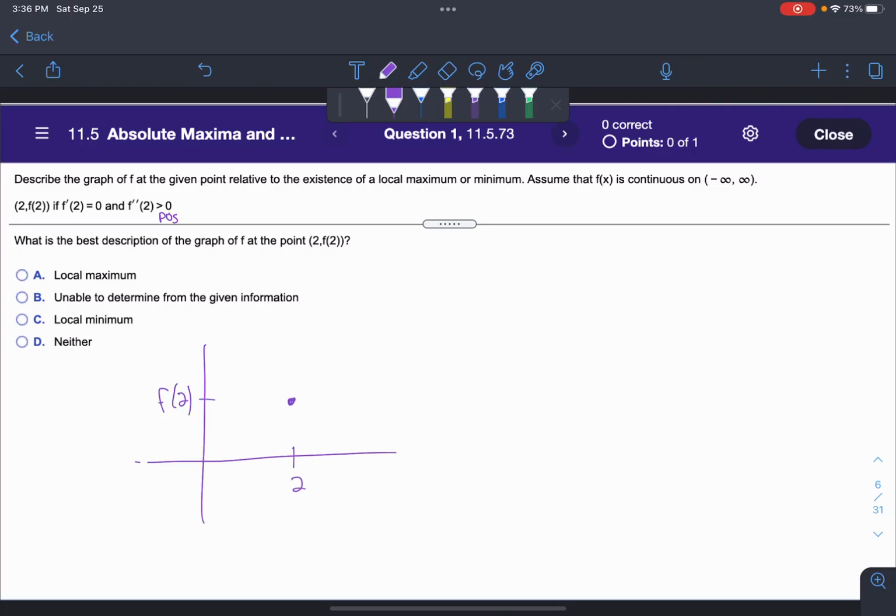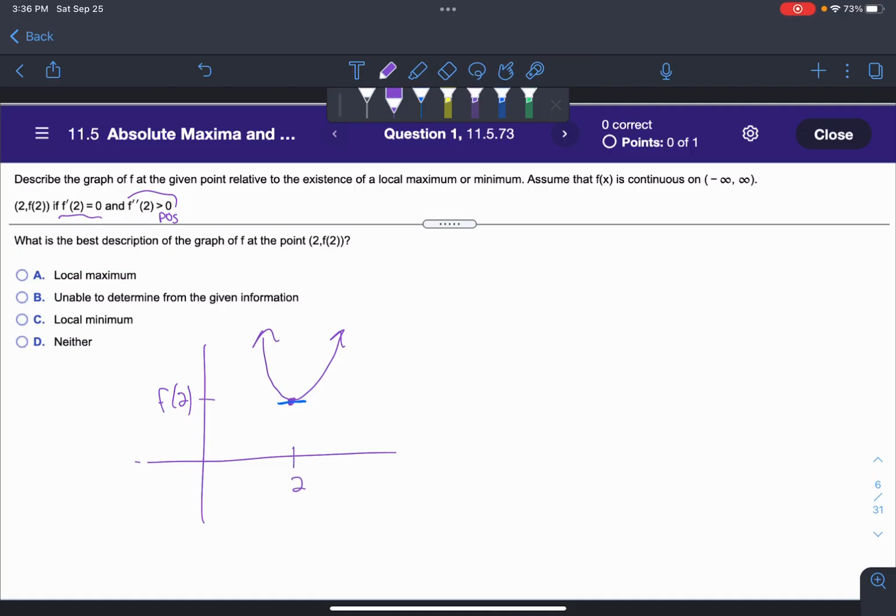That's right here. And we know that the first derivative at this point is 0. So it has a horizontal tangent line. And then from this other piece, we know that the second derivative is positive, so that means that I'm concave up from my original function.